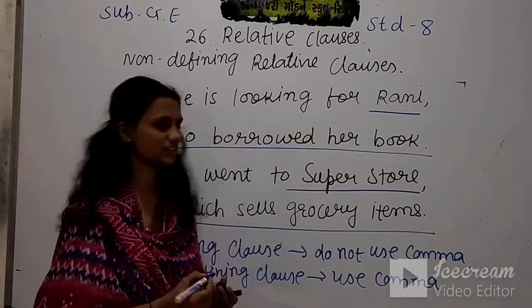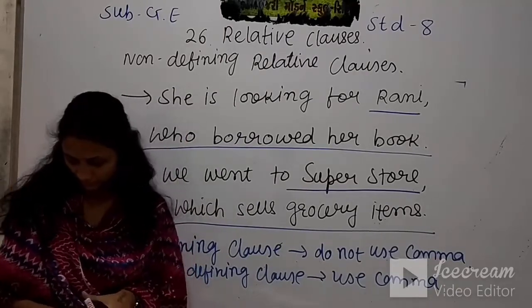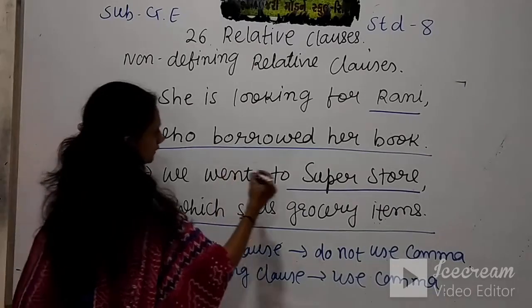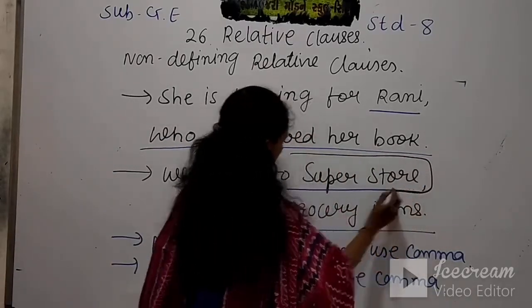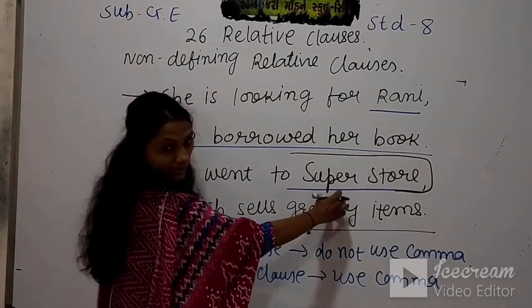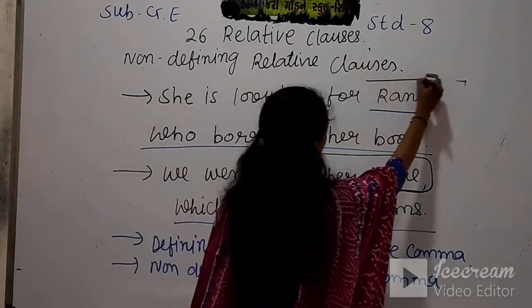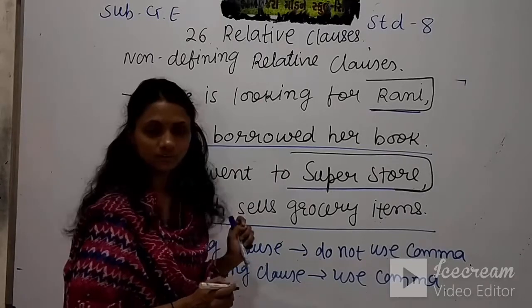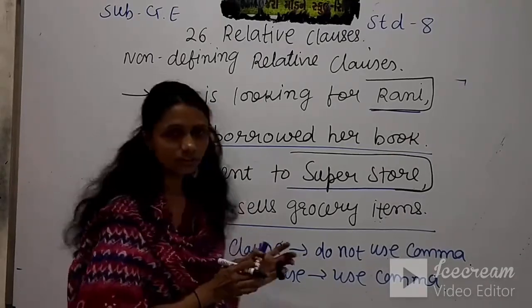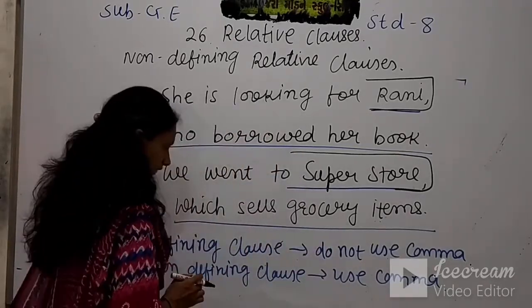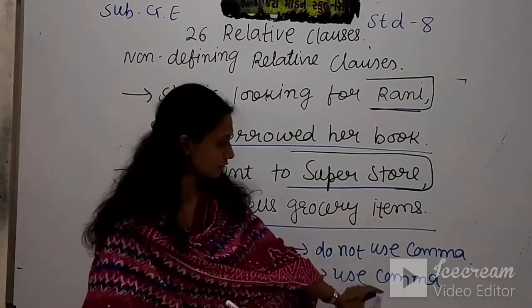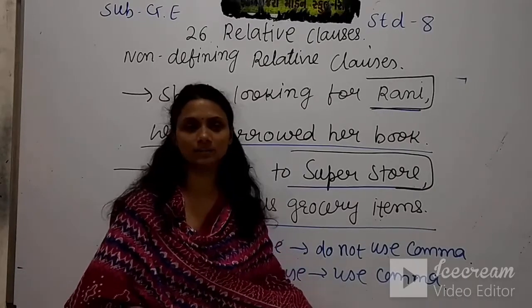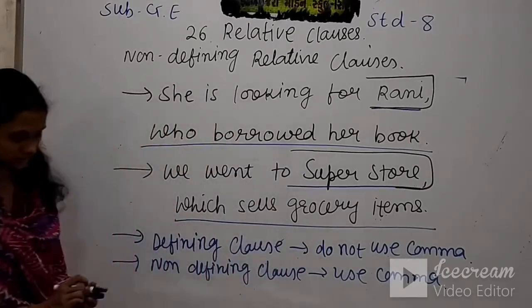This is one difference. Another difference is that this clause tells us particularly about the superstore, and here we are told particularly about Rani. So a defining clause does not use a comma and non-defining clauses always have a comma with them. Please note these down, students.